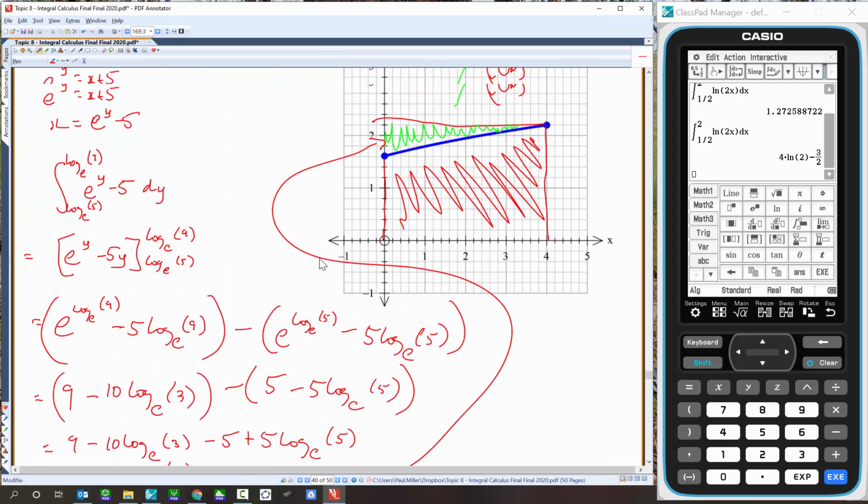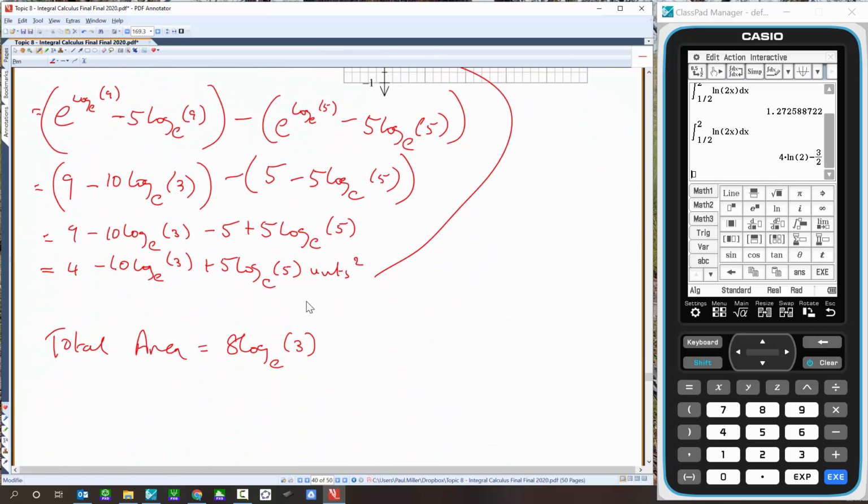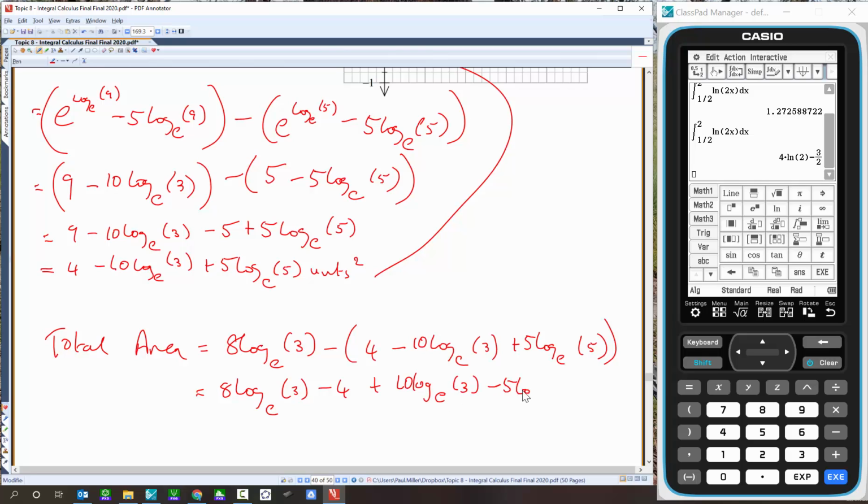Let's just check that, 8 log e 3, take away 4, take 10 log e 3 plus 5 log e 5. Okay, equals 8 log e 3, take 4 plus 10 log e 3, take 5 log e 5.